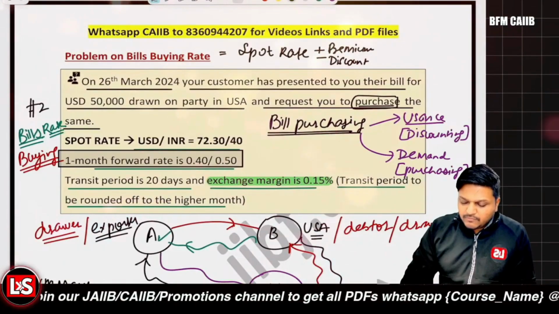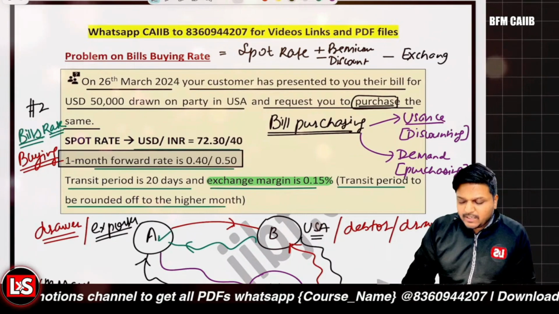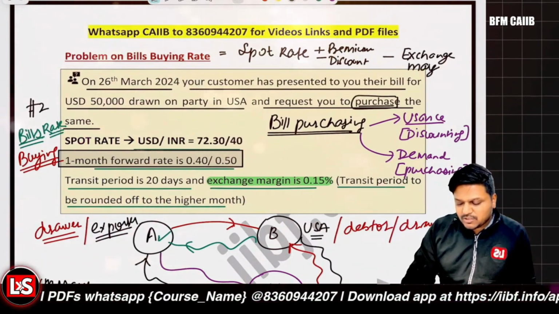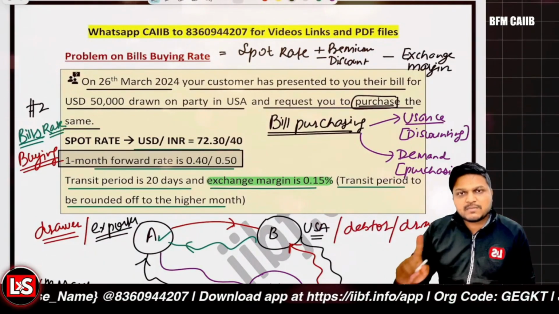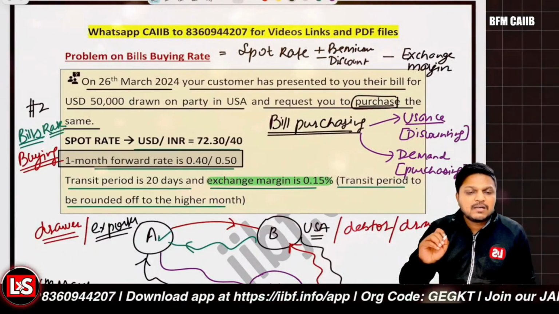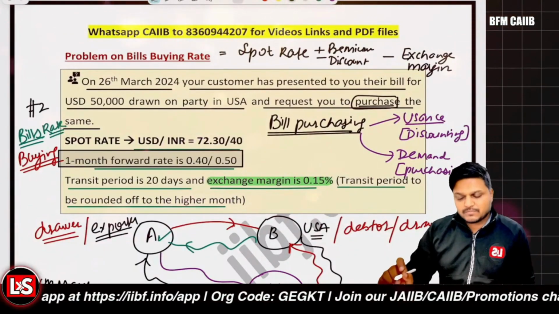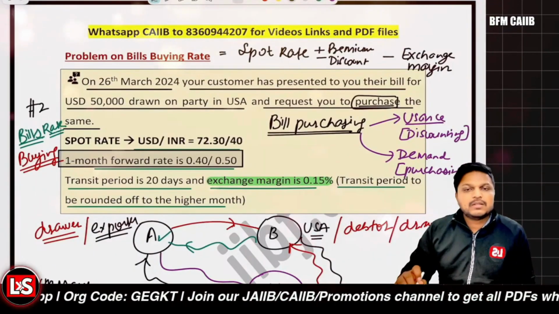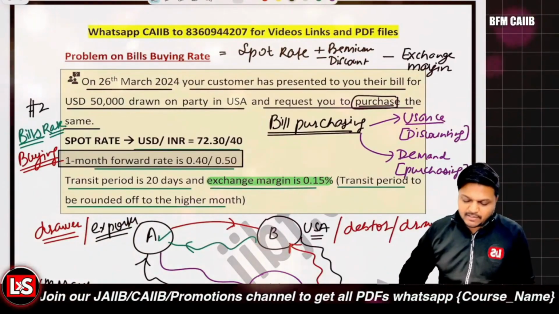And further, we are to subtract the exchange margin, because I told you the clear point. If the transaction is related to the buying transaction, then the exchange margin is always to be subtracted. It doesn't matter if it is a bills transaction or a TT rate transaction. If it is the buying rate, then in that scenario, the exchange margin is to be subtracted.